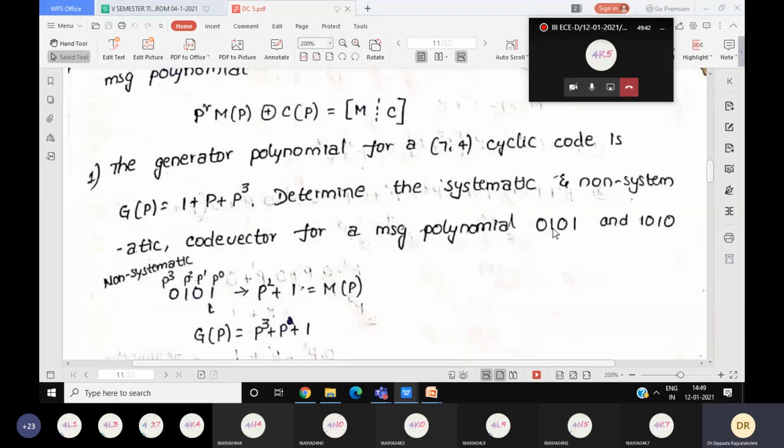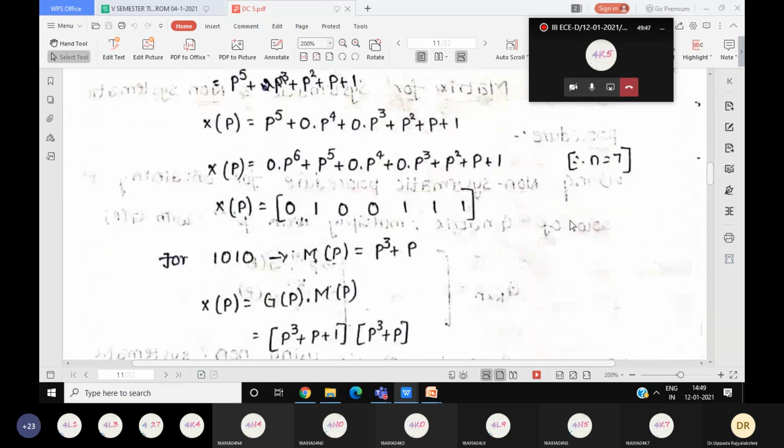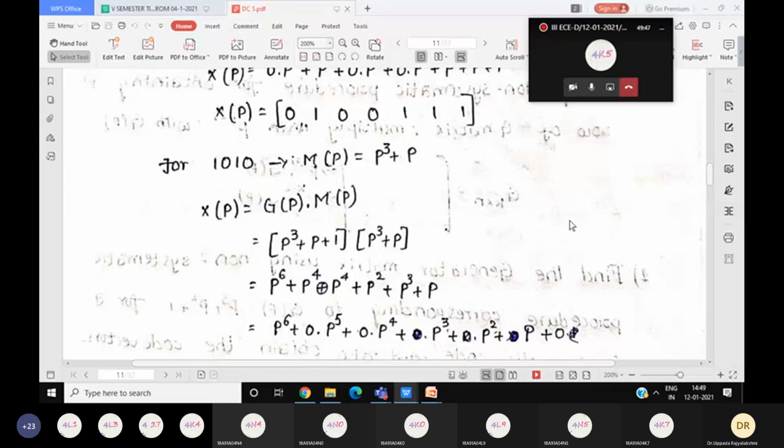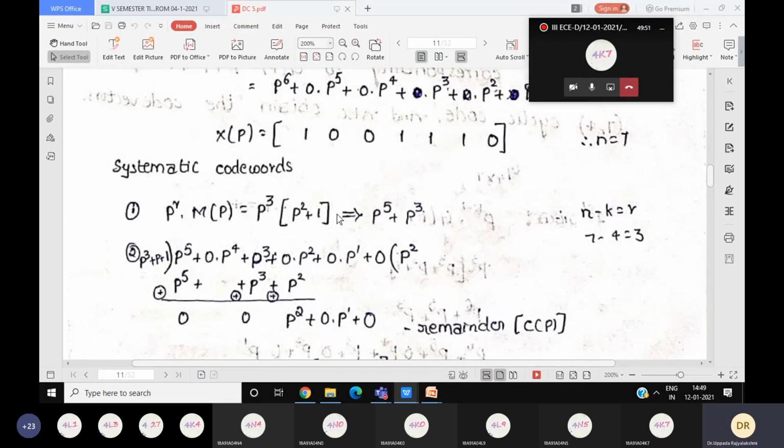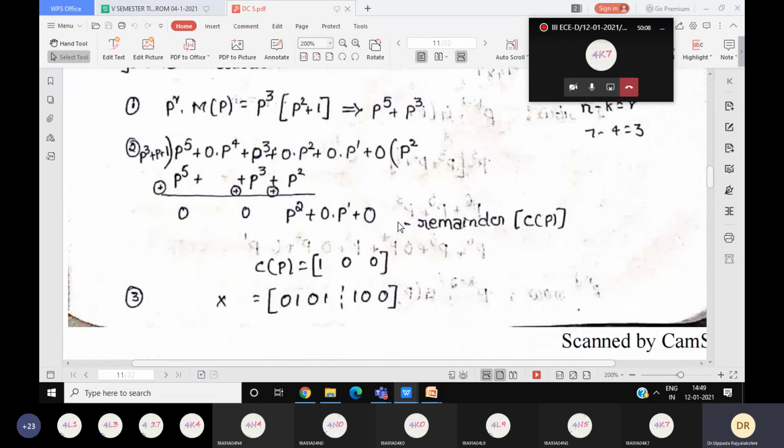So it is p square plus 1. So p square plus 1 into p cube, because p power r, where r is 3 here. So p cube into p square is p power 5, and p cube into 1 is p cube. We just multiply. Okay.